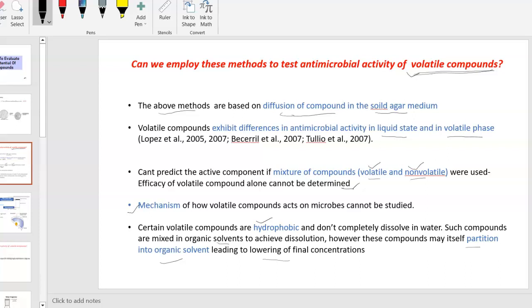So we face all these hurdles if we employ regular antimicrobial evaluation techniques for evaluating the antimicrobial activity of volatile compounds too. So there is a requirement to design a new method to evaluate antimicrobial activity in the case of volatile compounds.